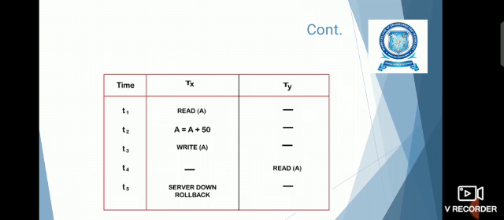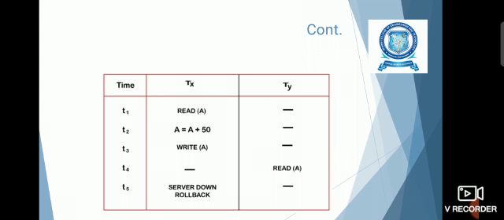There are two transactions, X and Y. At time T1, transaction X is reading the account A. At time T2, it adds the value 50 to the previous value of A. Then at time T3, it executes the write instruction, write of A, that is, it updates the new value of A to the database.